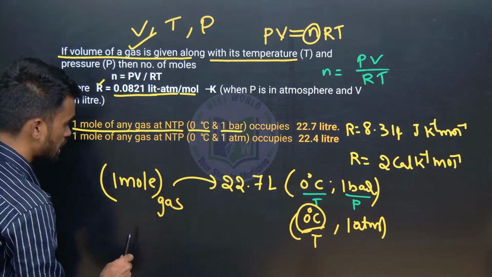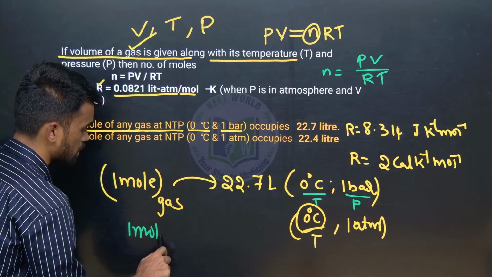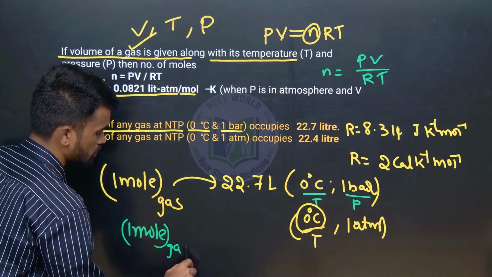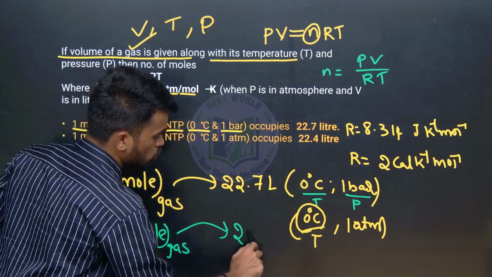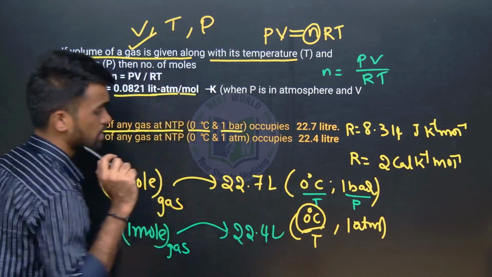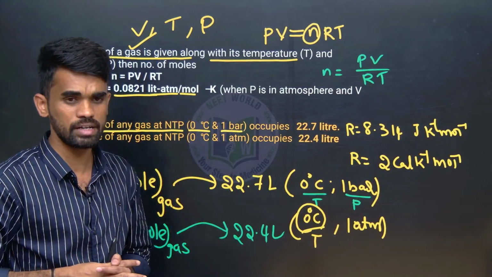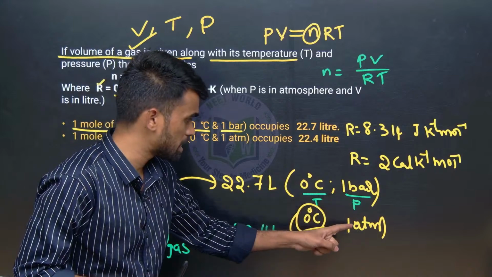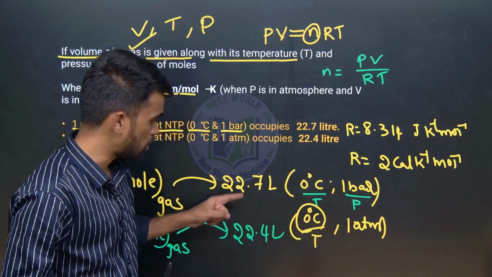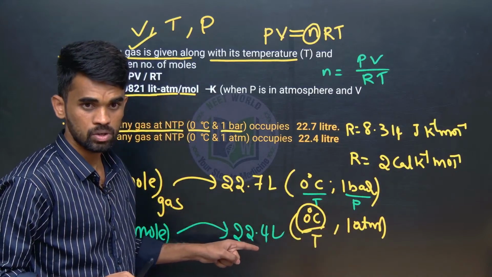Here 1 mole of any gas will occupy 22.4 liters. These are constant values, experimentally found data. See, just by changing the pressure a little, the value also changed.